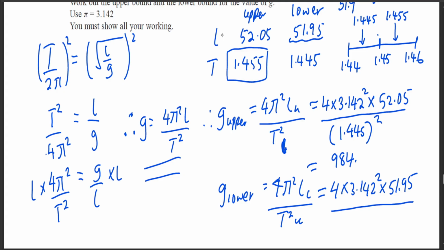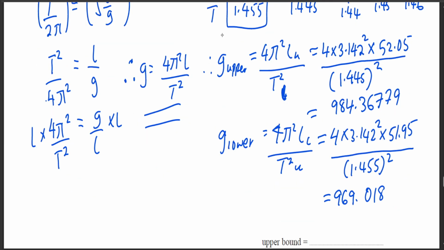But for the lower bound, T squared upper bound is 1.455 squared. 4 times 3.142 squared times 51.95 divided by 1.455 squared gives us 969.01816.